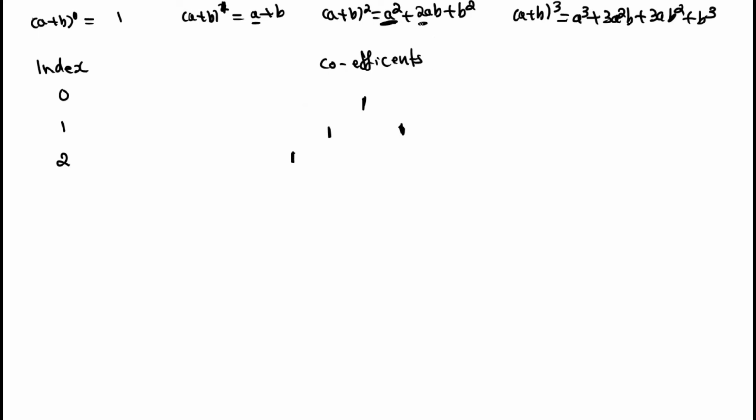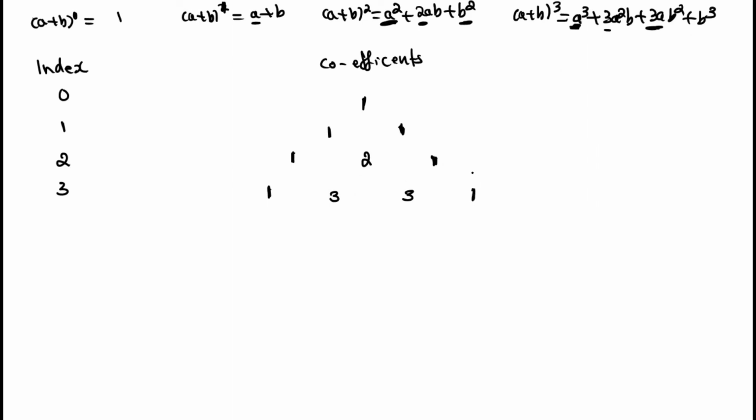Second coefficient is 2. And third coefficient is 1. When index is equal to 3, you can see the first coefficient is 1, the second coefficient is 3, the third coefficient you can see is 3, and the fourth coefficient is 1.